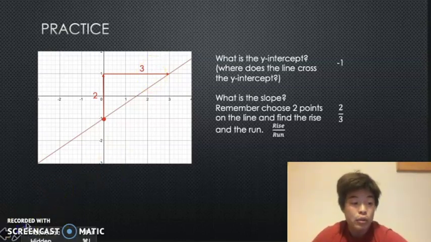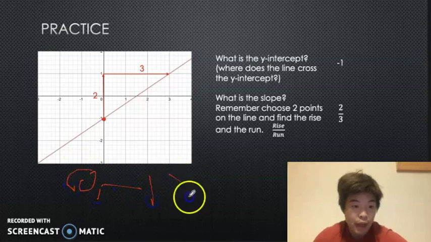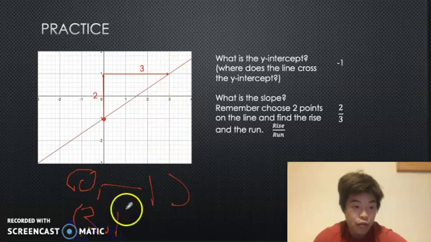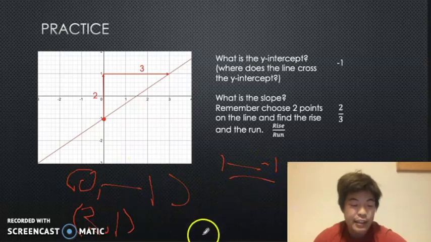Now, something else we could have done is use the other formula, which is y2 minus y1 over x2 minus x1. So let's look at these coordinates. We have 0, -1, and the second coordinate, which is 3, 1. So we use the formula y2 minus y1. What's y2? It's 1 minus y1, which is -1, over x2 minus x1.